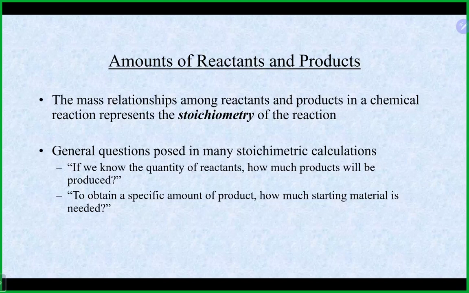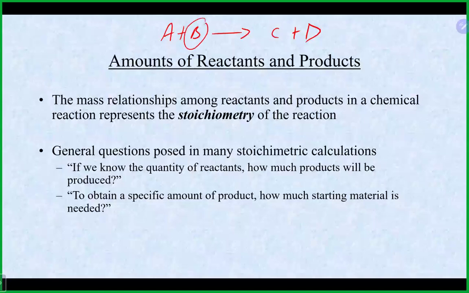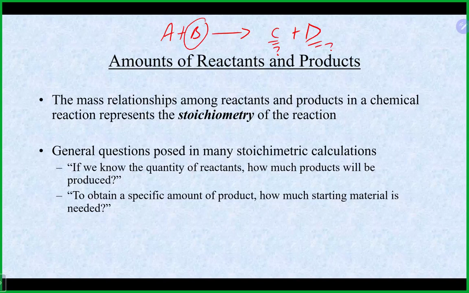And the reason we need to do that is if we have an equation, say like A plus B goes to C plus D, maybe we're given information about how much of B we're starting with. And we want to know how much of C we would produce, maybe how much of D we would produce. So if you have one piece of information, how much reactants you're starting with, you can use stoichiometry in the calculation to figure out how much products you should produce.